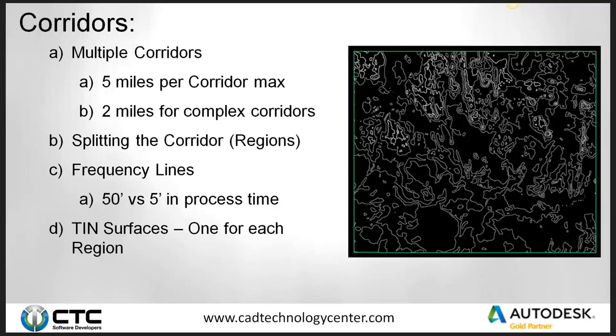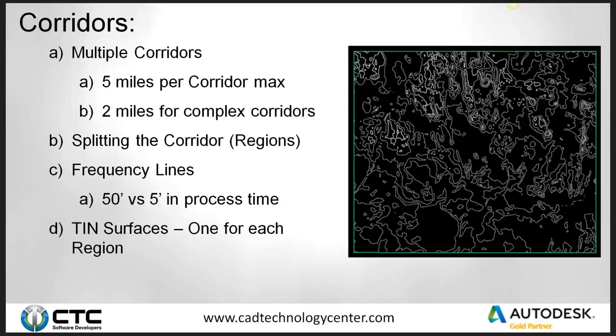If you're dealing with a corridor that has targeting both horizontally and vertically, and you're dealing with islands, complex intersections in those corridors, you may want to keep it down to about 2 miles. Create separate corridors. It's going to speed things up.